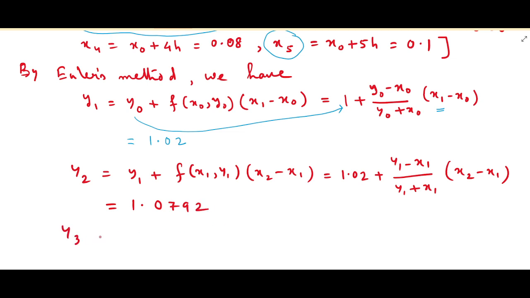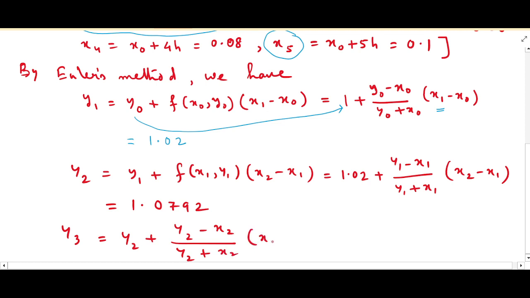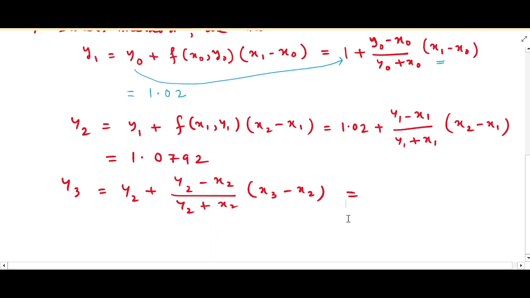Now find y3. y3 is y2 plus y2 minus x2 divided by y2 plus x2 into x3 minus x2. In the same way, if we put all the values, everything is known to us. x3 is 0.06. After putting the values and calculating, you will get 1.05771.